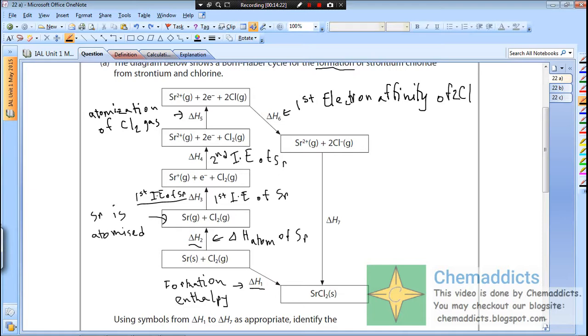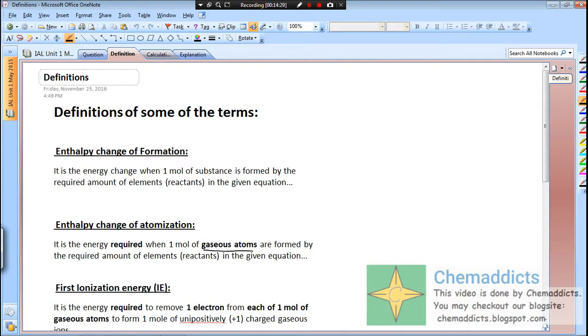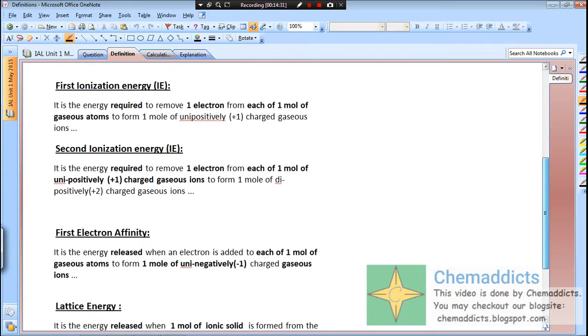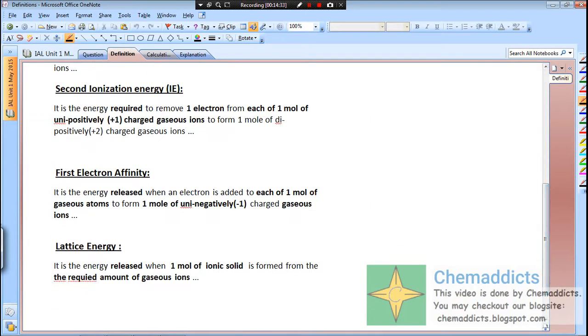That's because, according to the definition of first electron affinity, it is the energy released when an electron is added to each of 1 mole of gaseous atoms. In here we have chlorine gaseous atoms forming 1 mole of uninegatively charged gaseous ions.